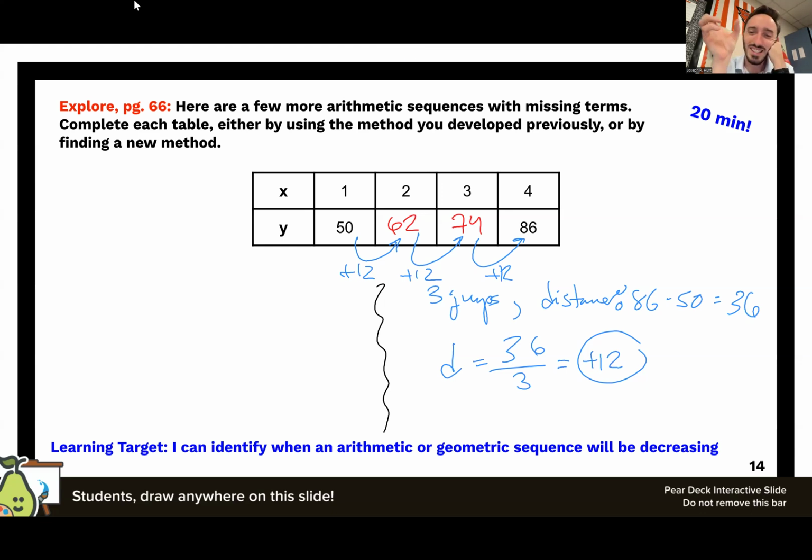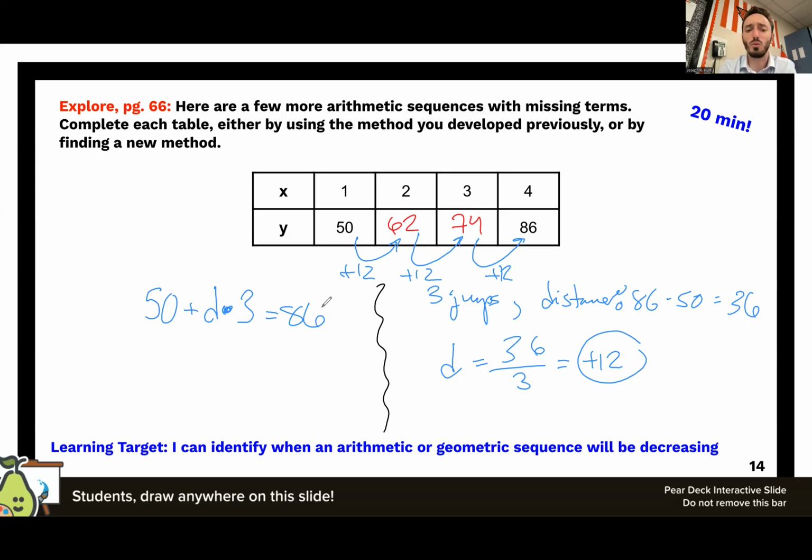If I look at that distance as the value of the last term minus the first term, and then divide by the number of jumps, that could work quite nicely. A different way to think about this, setting up more of an algebraic equation, would be to say 50 plus some common difference, and then 1, 2, 3 jumps in the future is going to need to equal this output of 86.